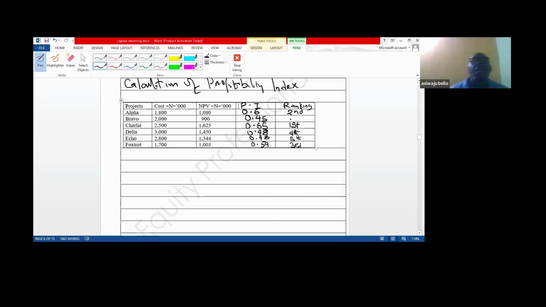If the projects are independent, that means I'm going to select the first 5. I will start by assuming all projects are independent.